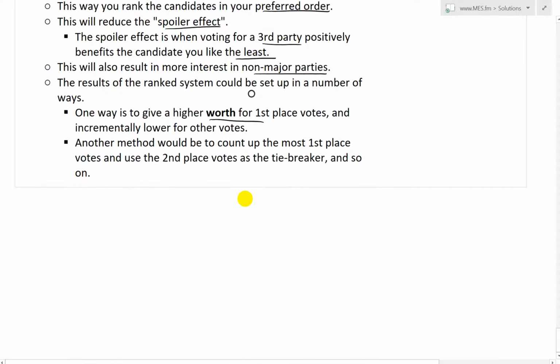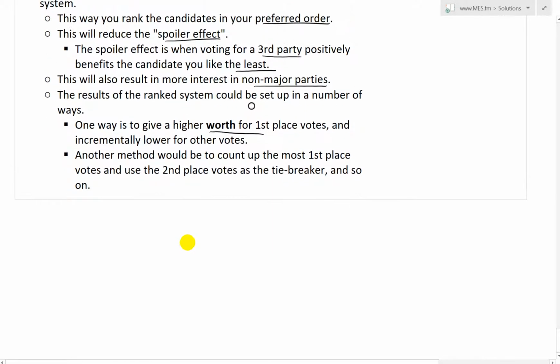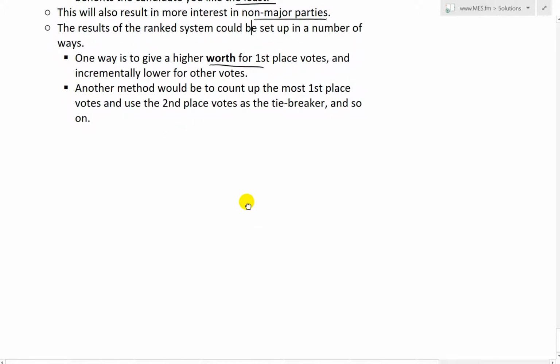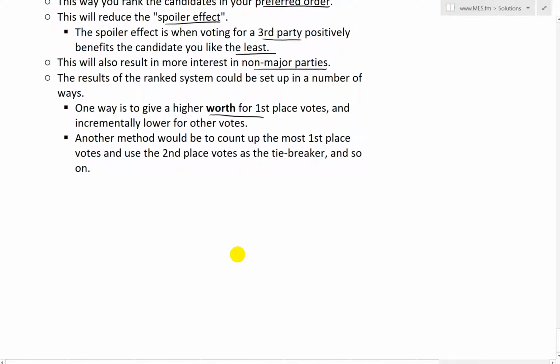I think they have the top 5, and first place gets a lot of worth, and second place gets fewer points, and so on, incrementally lower for other votes. Another method would be to count up all the first place votes and then use the second place votes as the tiebreaker, and so on and so forth. This would be the easiest, with the least difference from the current system, and people wouldn't be worried too much about the spoiler effect.